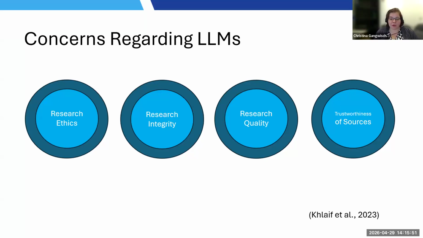Then we talk about research quality, referring to issues with researchers, particularly those with less experience, being misled by inconsistent or inaccurate information, as well as the fact that these tools can often miss a lot of academic research that's behind paywalls, as well as gray literature, so your company, industry, and government reports. And then we talk about trustworthiness of sources.